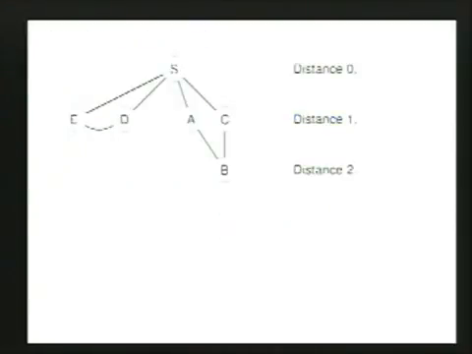Okay, so now, these are the distance 0. The way the leveling algorithm works is there's the distance 0 nodes, and the distance 1 nodes, and the distance 2 nodes. Okay, so we proceed layer by layer. You can think of the picking up process as proceeding layer by layer.